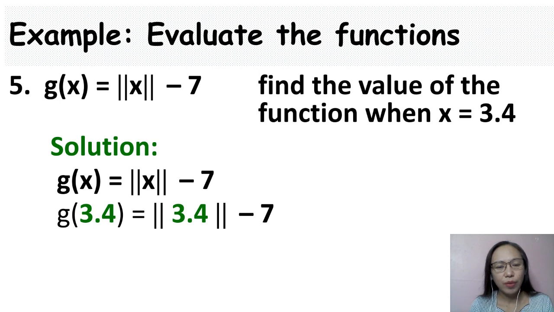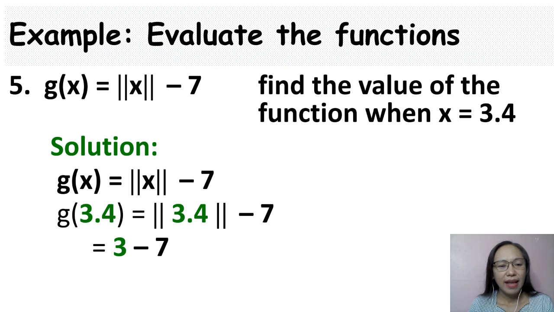So we have 3.4. What's the lower integer here? It is between 3 and the next integer, which is 4. Therefore the value of the greatest integer function here should be 3, and then bring down negative 7.